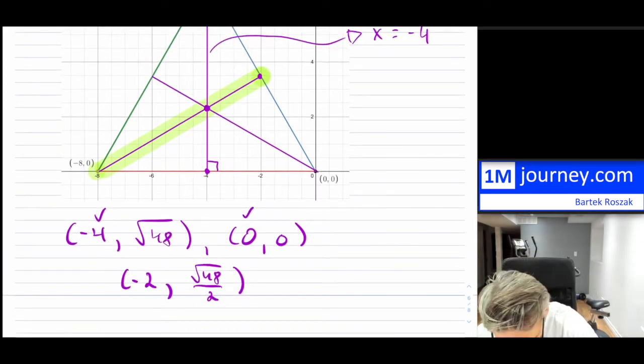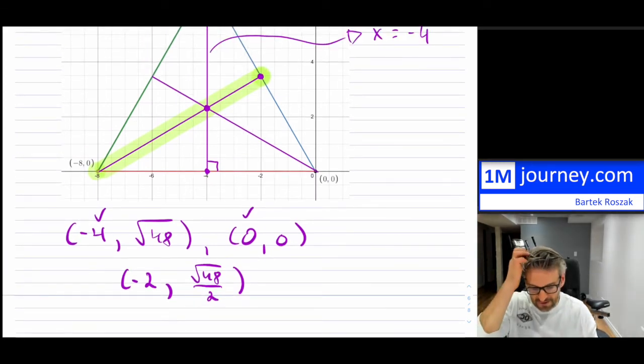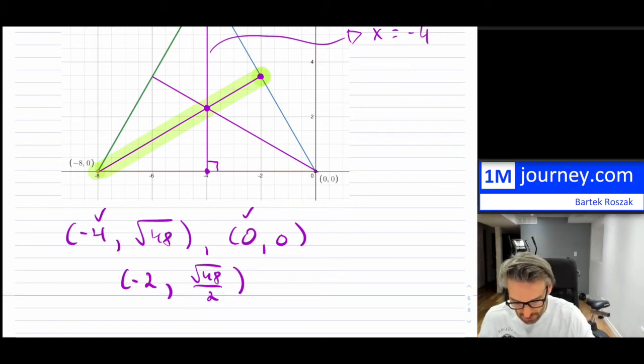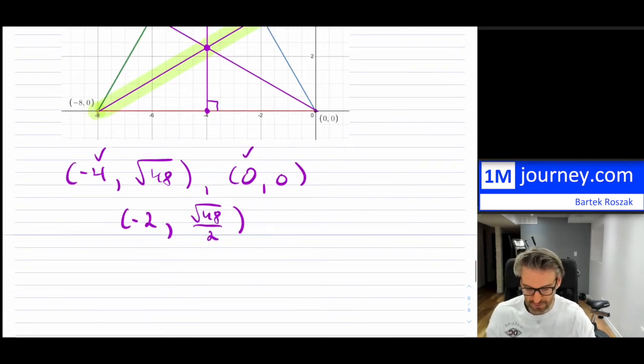That's this point right here that I have. Notice it is at -2 there, and then it goes up. So that's what I have there. Now I have the 2 points, so -8, 0, and I have the -2, 48 over 2. So let me find the slope, and then let me find the b. So I'll do that in fast forward fashion.